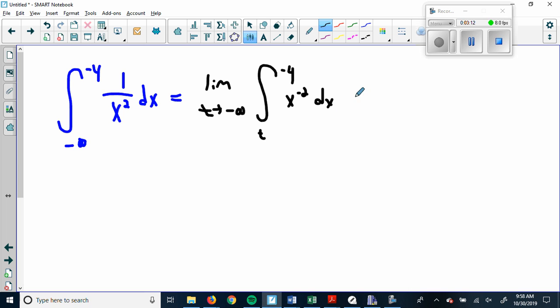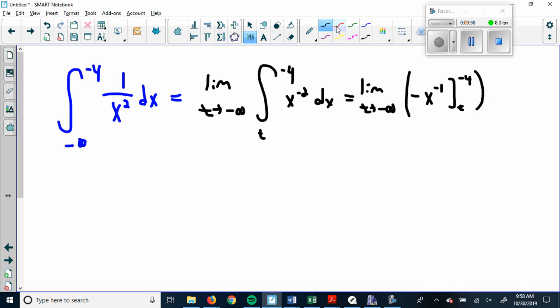Now we've still got the limit as t goes to negative infinity of negative x to the negative 1, and we're going to evaluate from t to negative 4.